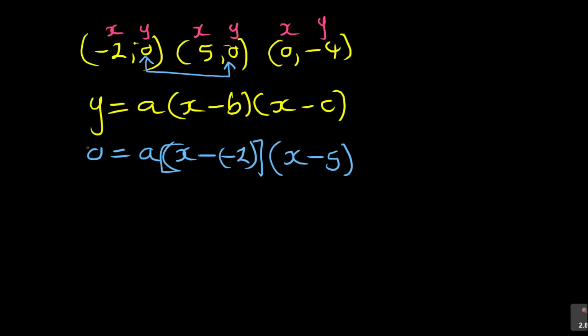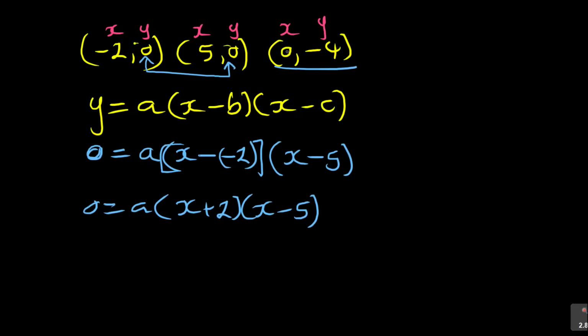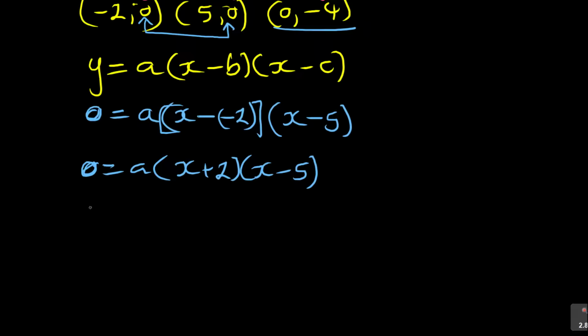That's the first part when y is 0. So what we have, 0 is equal to a, x plus 2 and x minus 5. But we've got another coordinate, which is this one. When x is 0, y is minus 4.